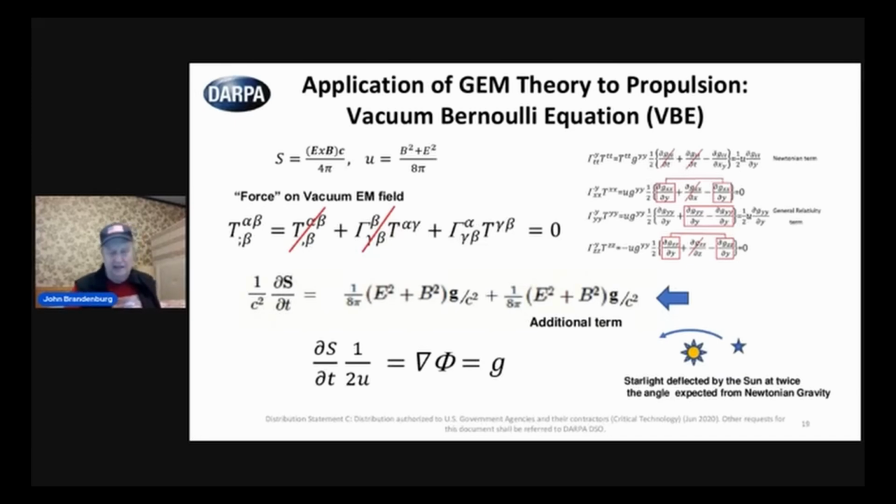It also says that just like you can bend starlight, which is electromagnetic radiation, with gravity, in this theory you can also bend gravity with starlight. Next.